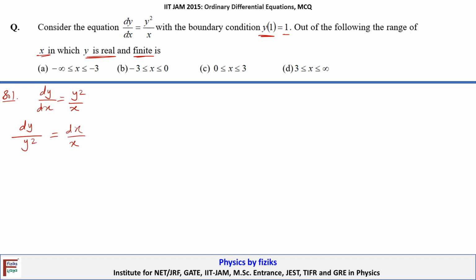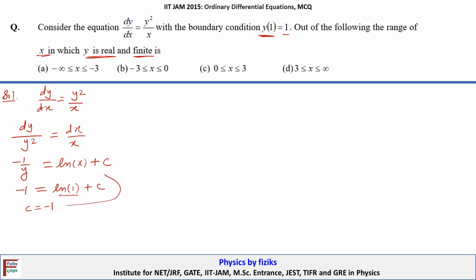Now on integrating both sides we can write minus 1 by y is equal to ln of x plus some arbitrary constant c. Now using the boundary condition given here, that at x is equal to 1, y is equal to 1, the left hand side becomes minus 1, and the right side is ln of 1 plus c, and ln of 1 is 0, therefore c is equal to minus 1.